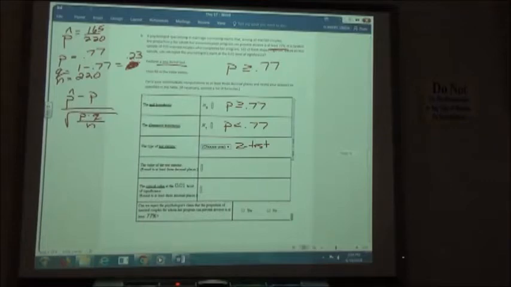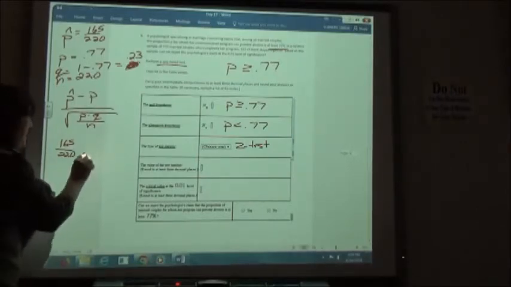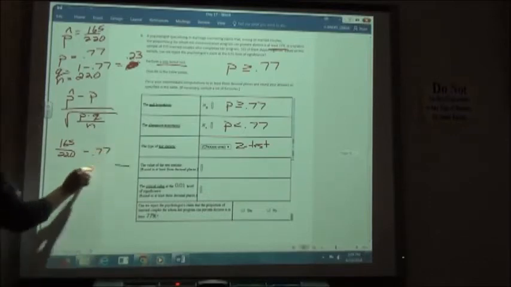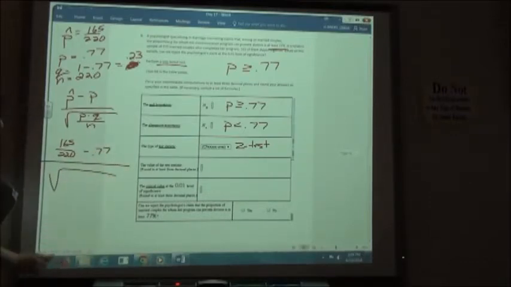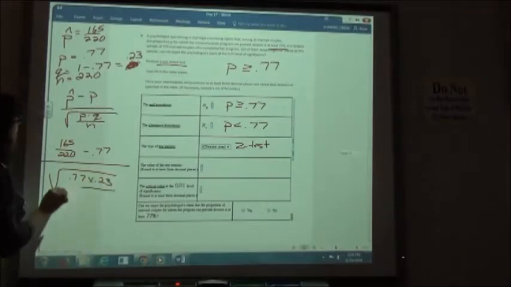So we're going to take those numbers, plug them into our formula. 165 over 220, I'm not even going to worry about if it comes out nice. We know how to get it typed in. Minus 0.77 all over the square root of 0.77 times 0.23 over 220.